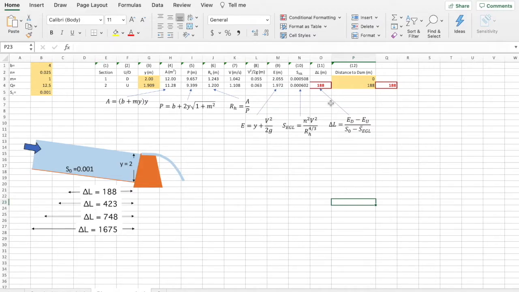Now we can see the delta L is the same as the distance prescribed in the original problem. And we can do the same thing to the other locations.